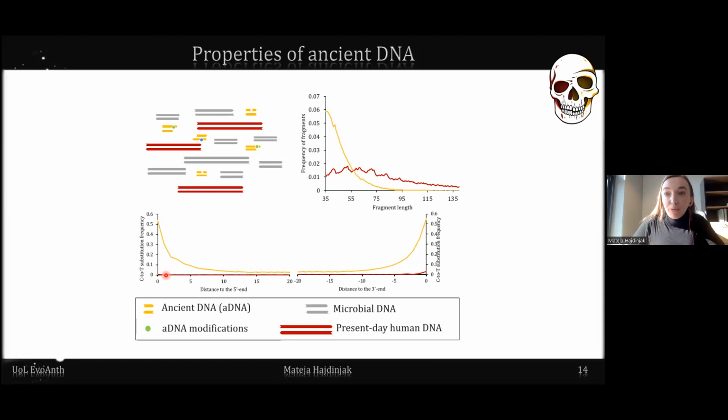Another characteristic which might be useful for the downstream analysis in some cases is that ancient DNA is usually much shorter than present-day contamination. So you can also use size filtering to try to boost your endogenous DNA, or the proportion of sequences that are stemming from your specimen of interest.